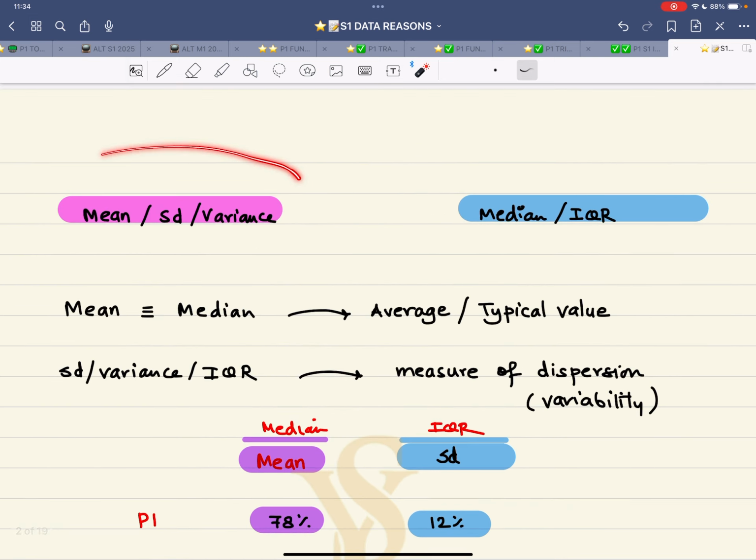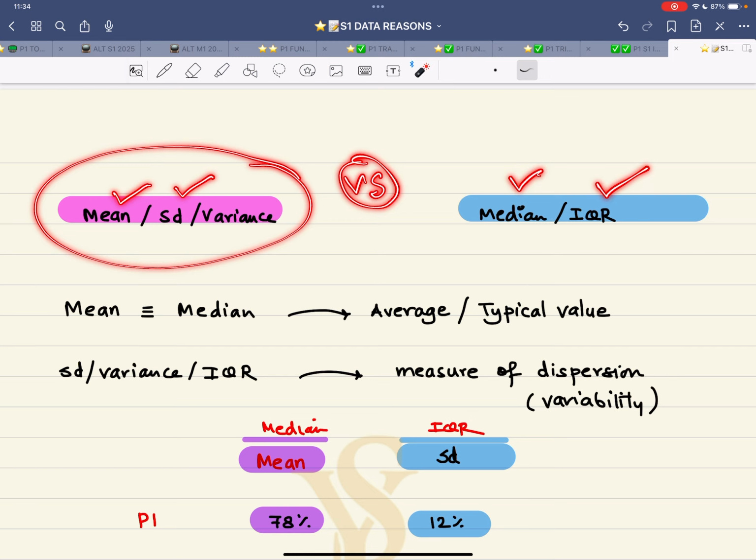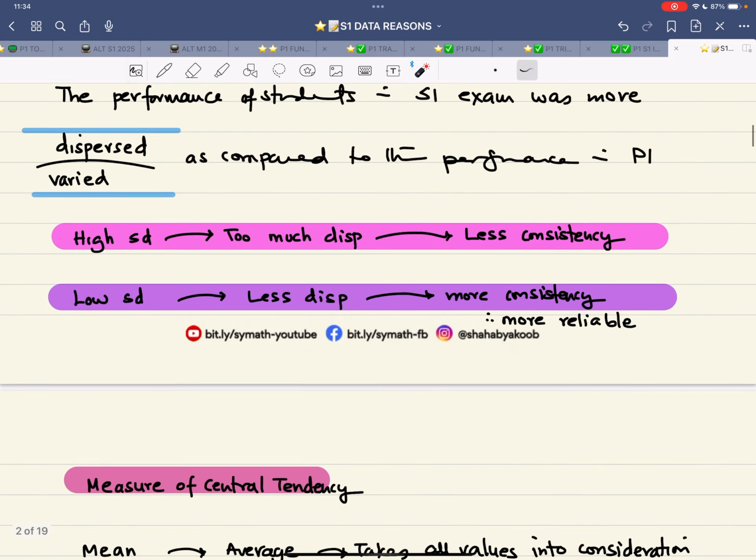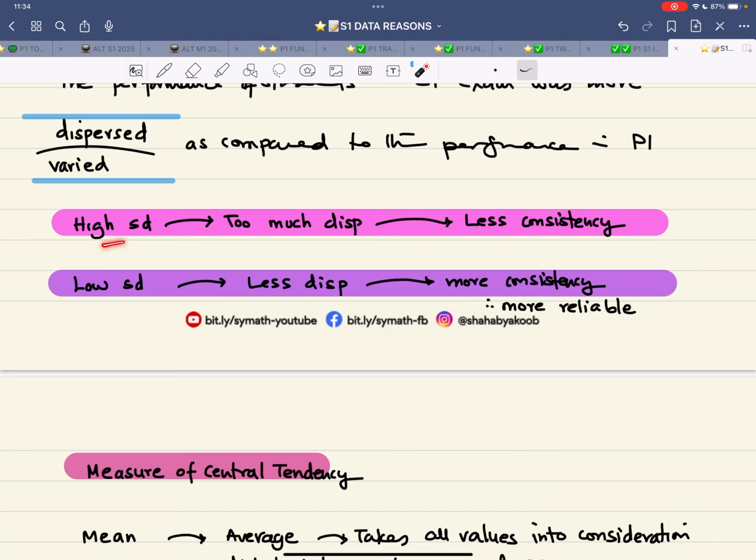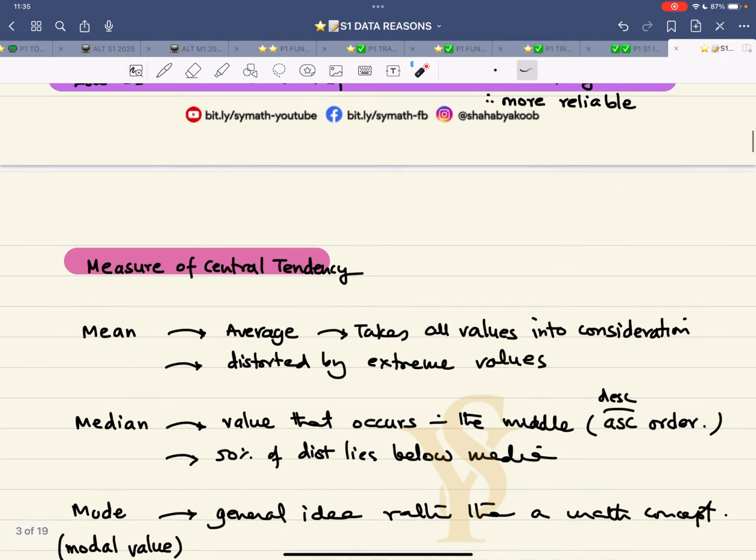Remember, they would be asking in pairs: mean and standard deviation, or median and interquartile range. High standard deviation means too much dispersion and less consistency. Low standard deviation means less dispersion, more consistency, more reliability.